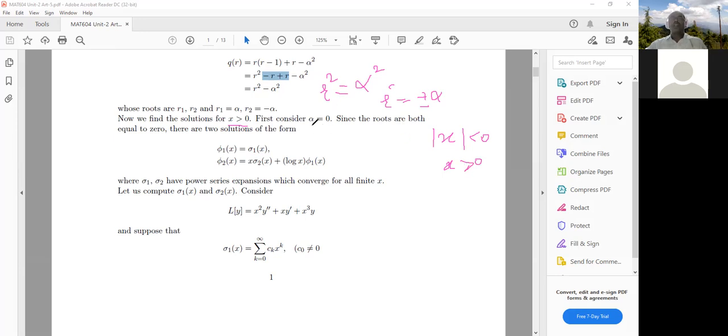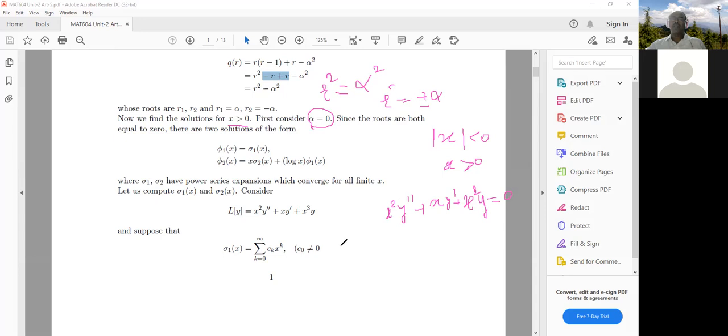So we first consider that the value of alpha is 0. Therefore, Bessel's equation will be this one: x square into y double dash plus x into y dash plus x square. Alpha is 0, therefore alpha square is 0, and we have x square into y is equal to 0.